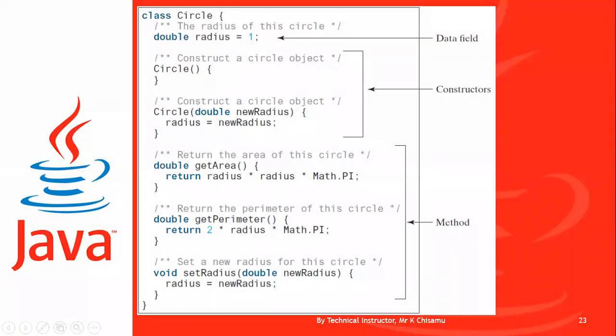Okay, so let me start from there. So we have the circle class. This is the definition of the class called circle. So this circle has all the particulars that you want for a circle. So the name of the object is circle. It has methods in it, and it has a data member called radius. As you can see here, data field member called radius.